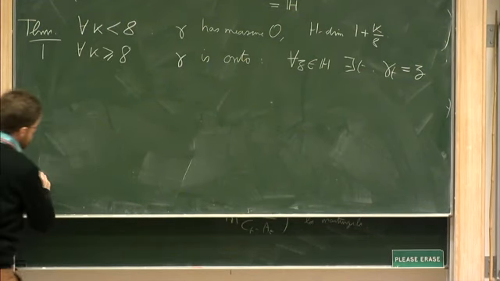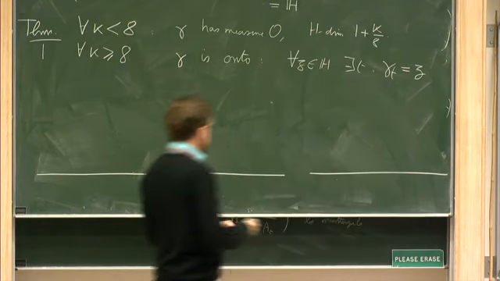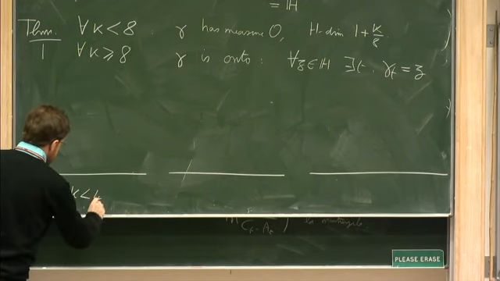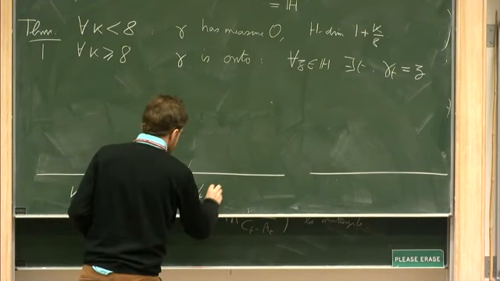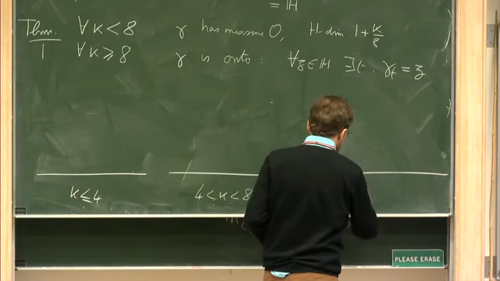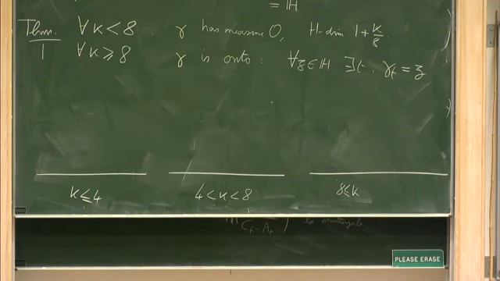So to sum up, there are exactly 3 phases for the SLE. There is a phase where kappa is less than 4. There is the case where kappa is strictly between 4 and 8. And the last one is for kappa bigger than 8.